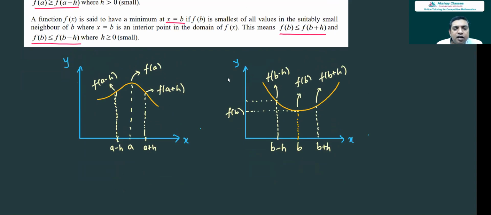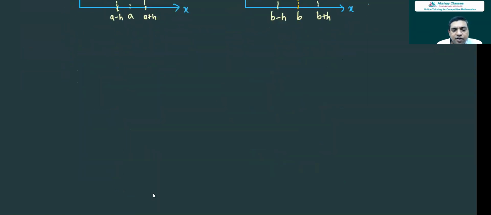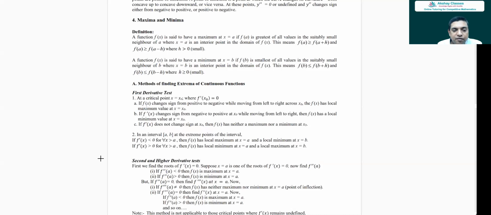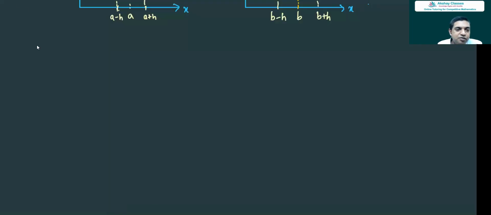Now, when we look at this from the derivative point of view, the first derivative test is also a very important method. Generally, we think of it as a second derivative test, but the first derivative test sometimes is much faster than the second derivative test.